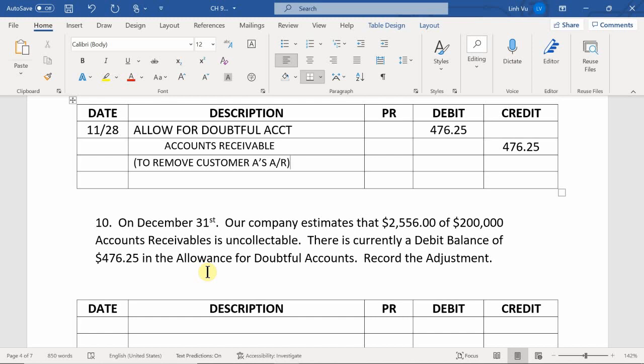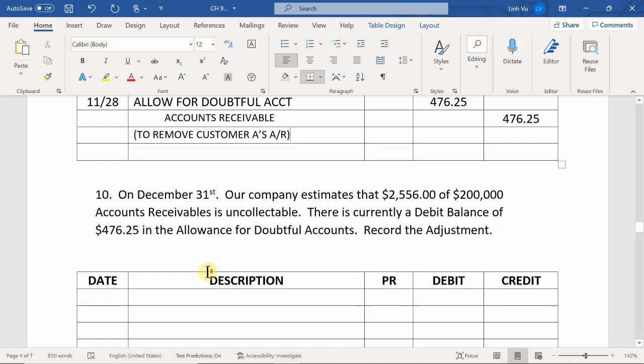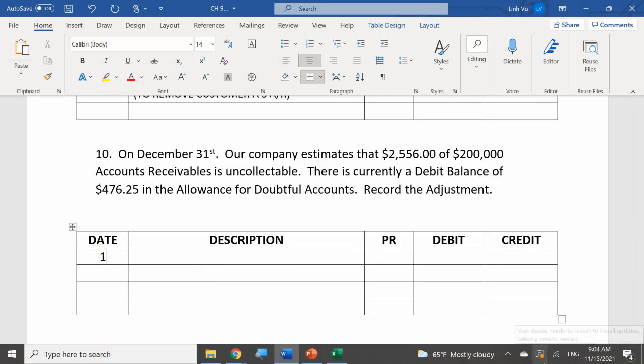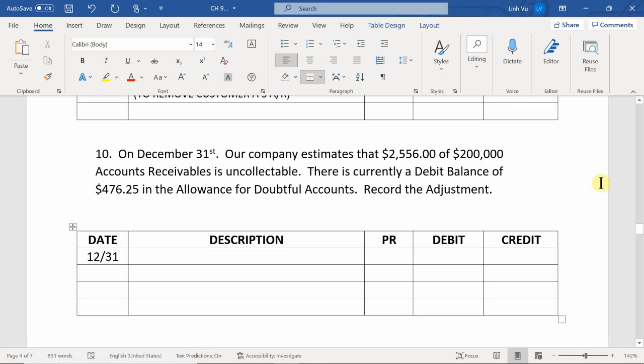Record these adjustments. So now I reach the end of the accounting period, right? I'm making an estimated amount. So how should I journalize this?